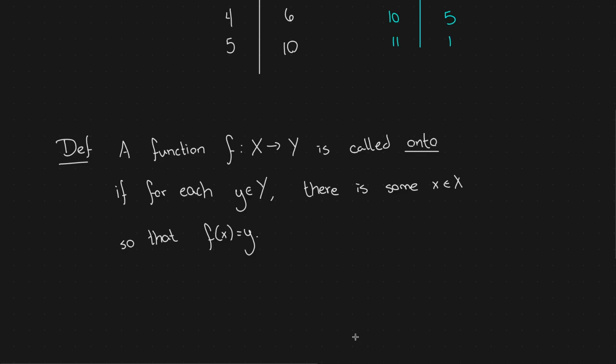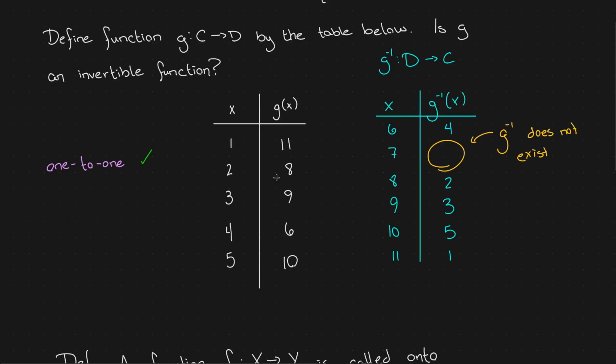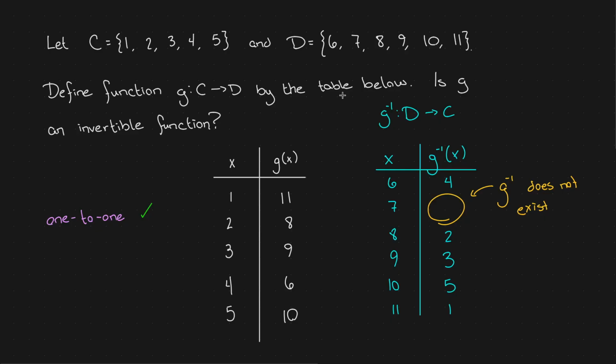Math speak for saying we're going to reach every value in the codomain. Everything gets mapped onto. And that's not what's happening here, because the 7 does not get mapped onto. Everything else does, but the 7 doesn't. So this is not an onto function.